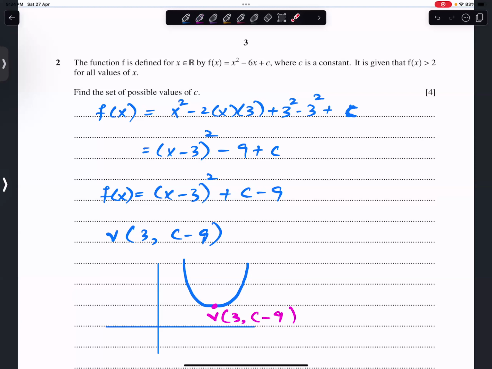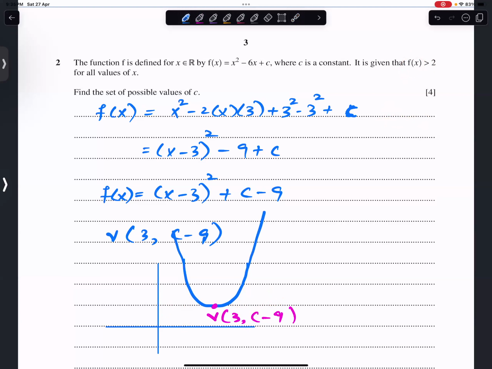So students, all heights are greater than 2. It is given in the question. f of x means heights. Listen again. f of x means height of the graph. So all heights are greater than 2.